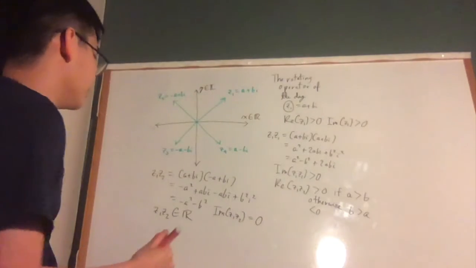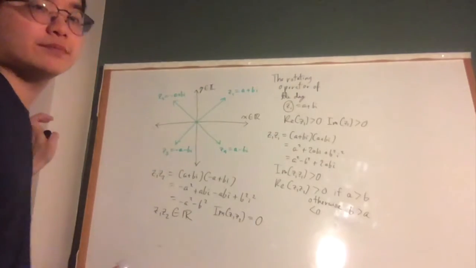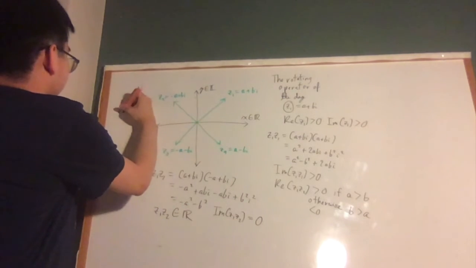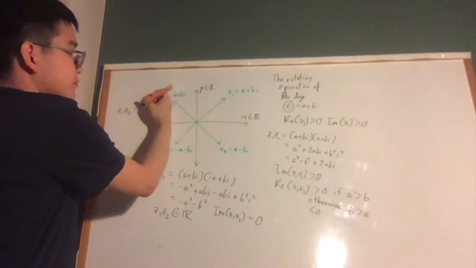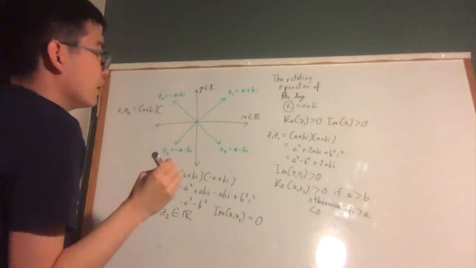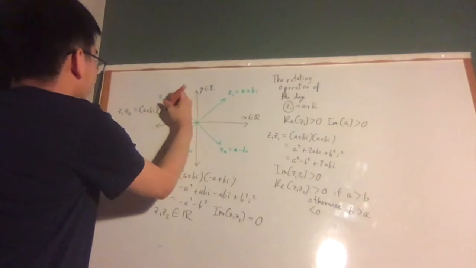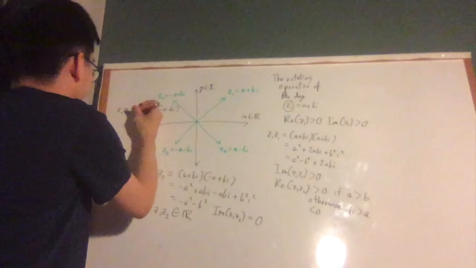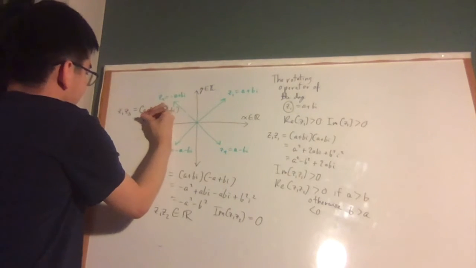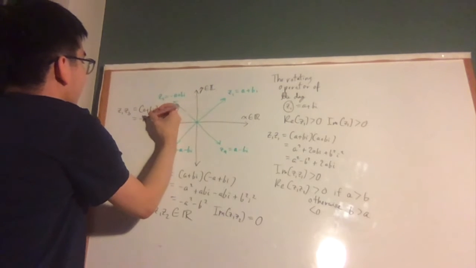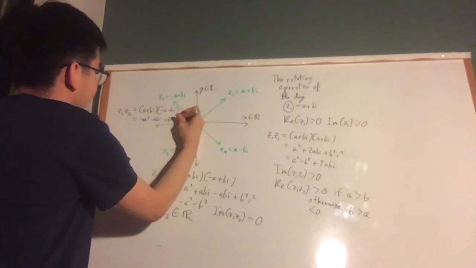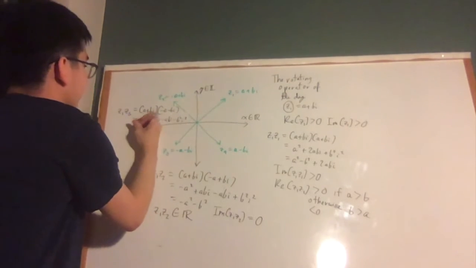And now let us do z1 with z3. I need space here. Hope this works. a plus bi, and then z3 is minus a minus bi. And then minus a squared minus abi minus abi minus b squared i squared.